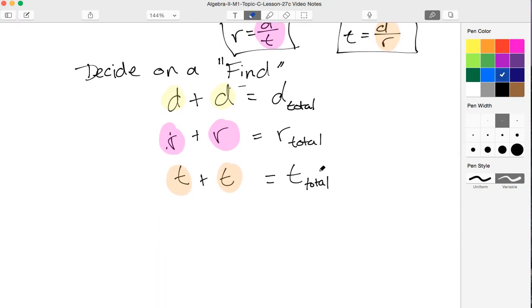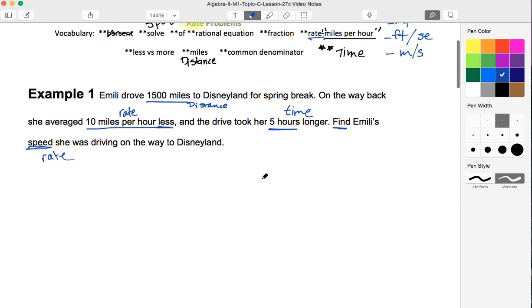formulas down here, in the Emily problem, they said that there is some kind of total time where if you took the difference between her time going to Disneyland and coming back, you would get a total time of 5 hours, because that would be the difference. So this part would change too. So let's write this t equation over here.